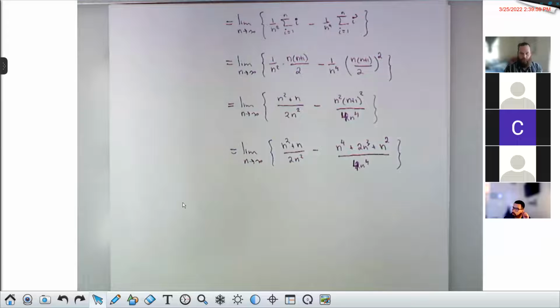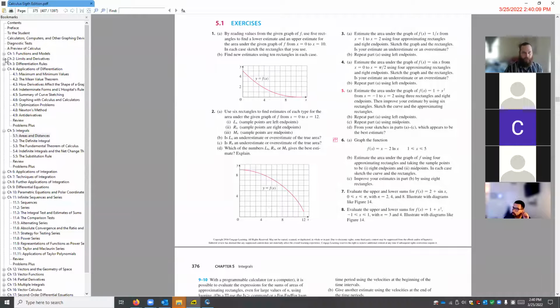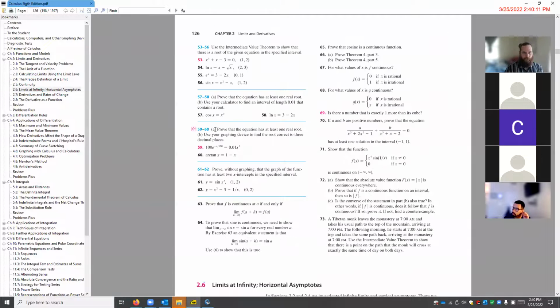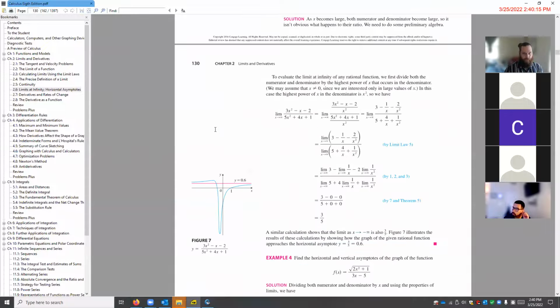We did this a few different ways. You guys remember this trick? You divide top and bottom by the fastest growing term.